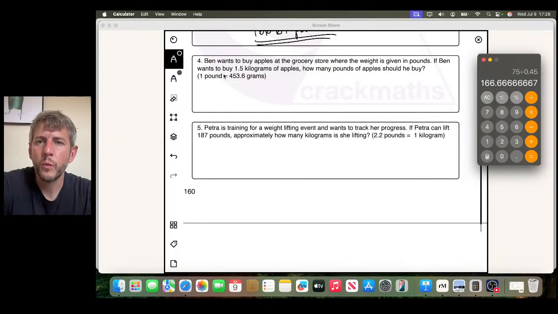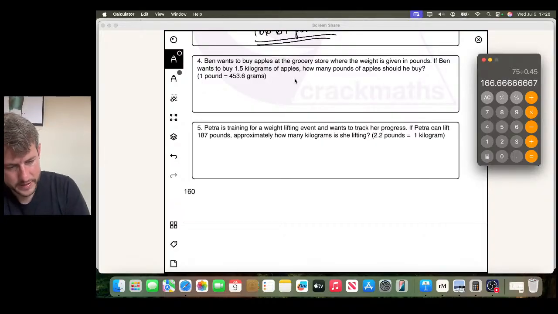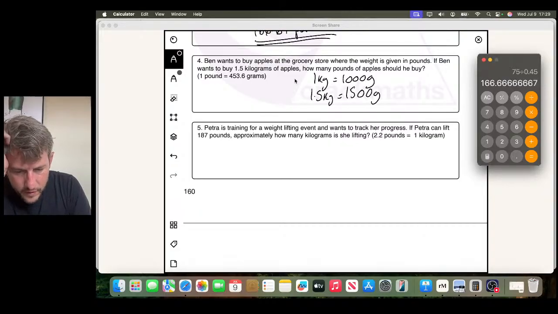Okay, question 4. We have Ben wants to buy apples at a grocery store where the weight is given in pounds. If Ben wants to buy 1.5 kilograms of apples, how many pounds of apples should he buy? 1 pound equals 453.6 grams. Okay, so a kilogram, one second, so 1 kg equals 1,000 grams. So 1.5 kg will equal 1,500 grams.